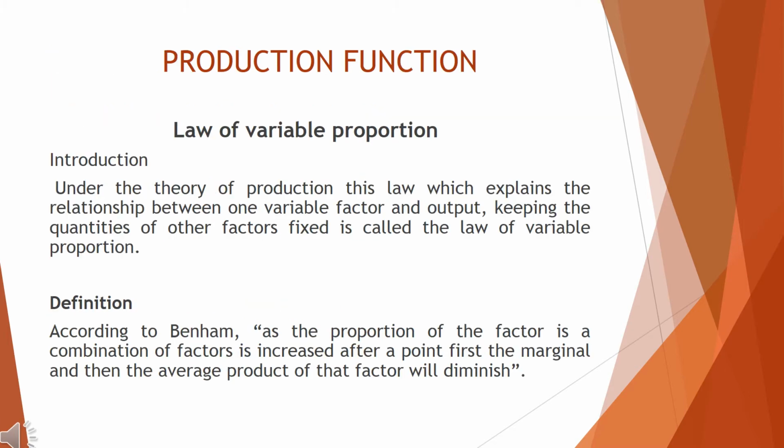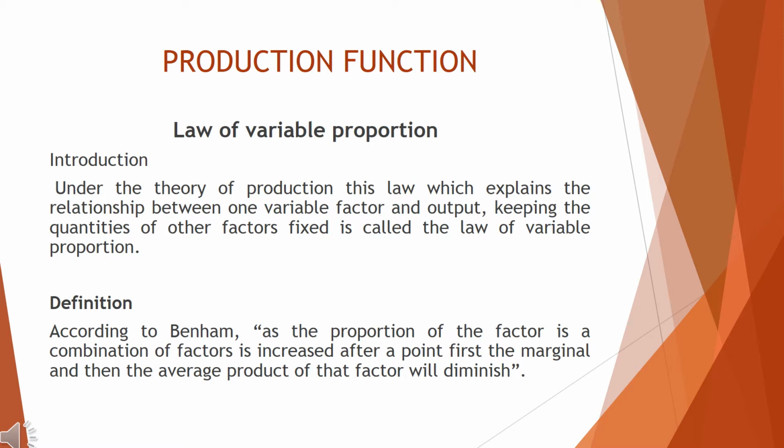Law of variable proportion. Production function with one variable factor. Law of variable proportion occupies an important place in economic theory. This law is a widely observed law of production which takes place in the short run. This law is also known as the law of proportionality.